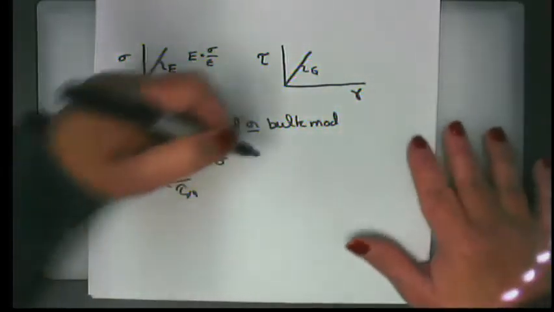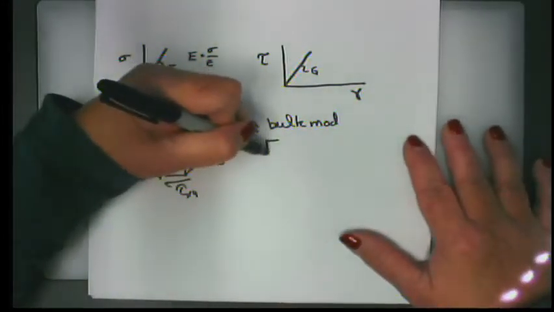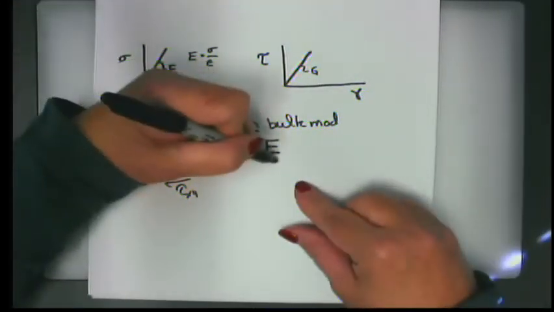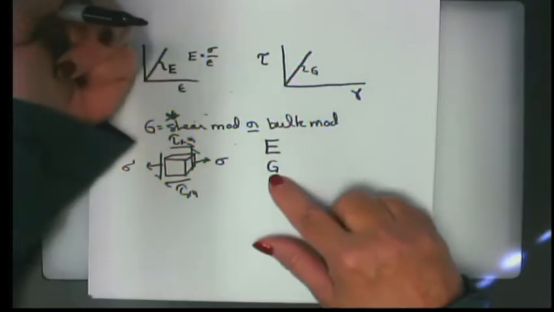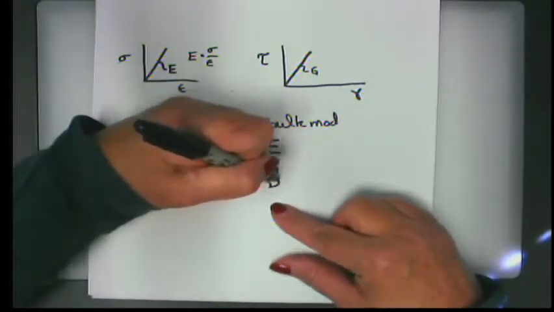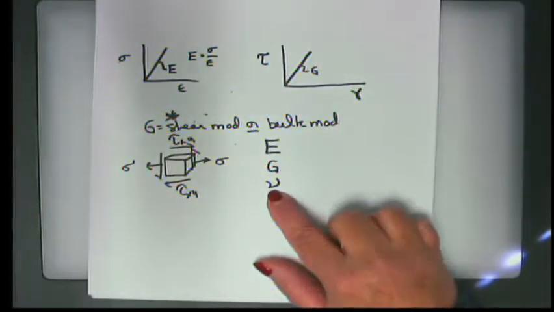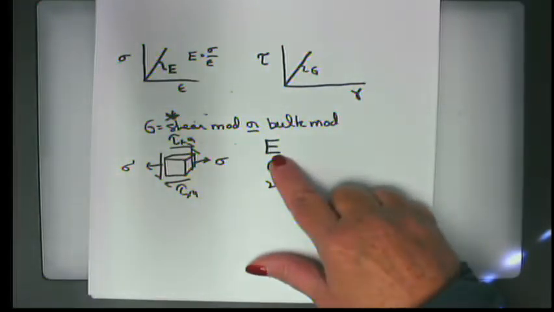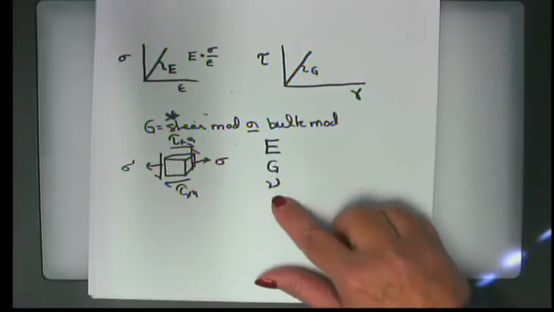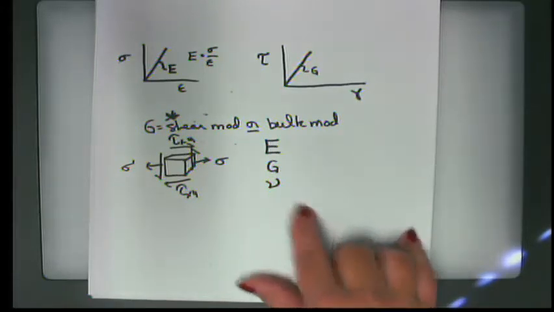But basically, we have three constants of a material: the modulus of elasticity, the shearing modulus, and Poisson's ratio. This has to do with what's going on the axis. This has to do with what's going on the lateral face, and this is the relationship between what's going on the axis and what's going on the lateral face.